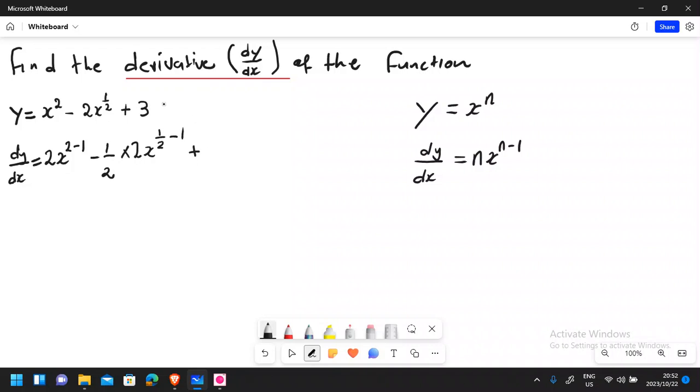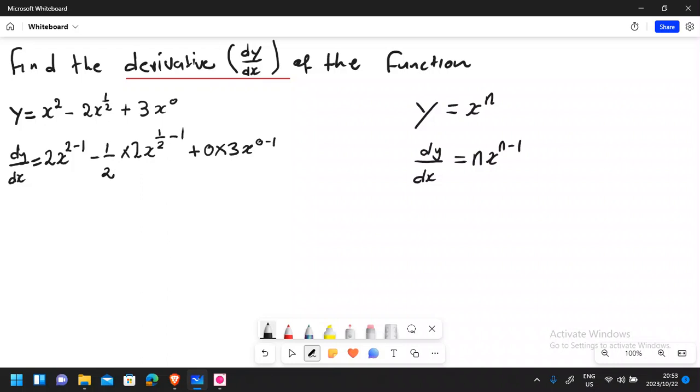You remember, you can write this in terms of x to the power of 0. So when you differentiate this, remember n is 0, so it's going to be 0 multiplied by 3, and then x to the power of 0 minus 1, if you decide to do it this way. But if you're used to it, you don't have to write this. The answer is going to be 0 there.